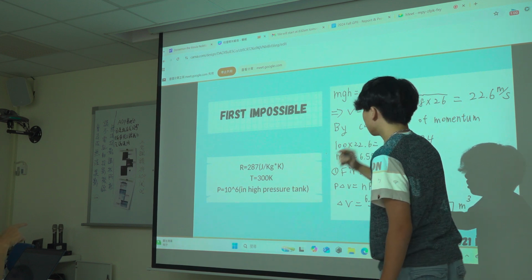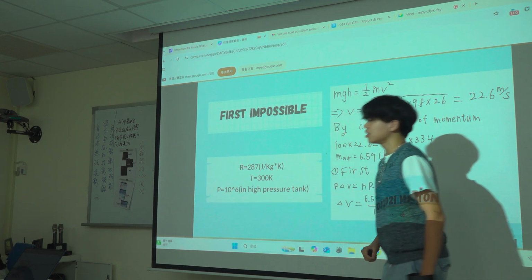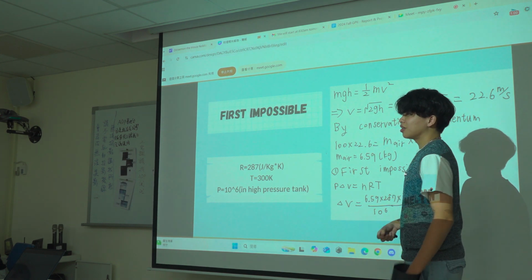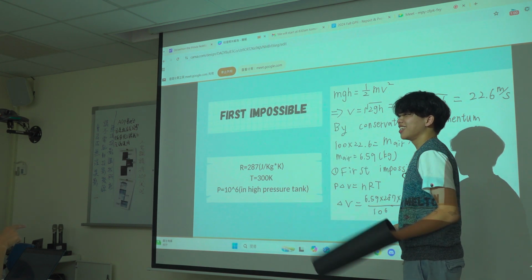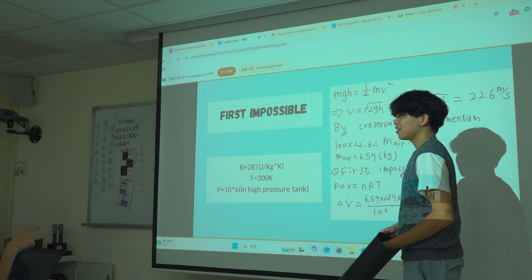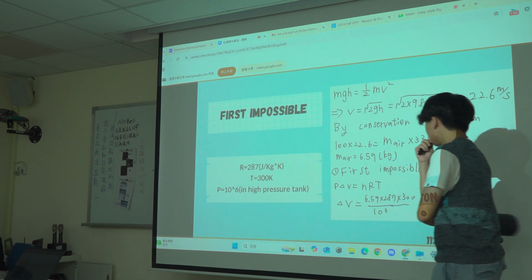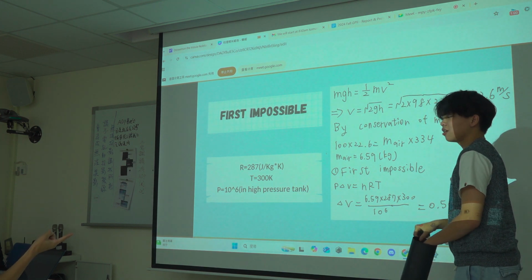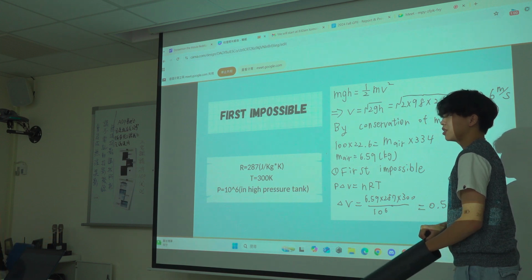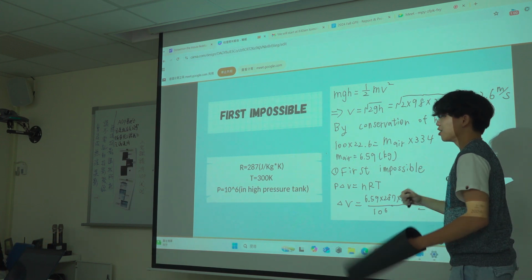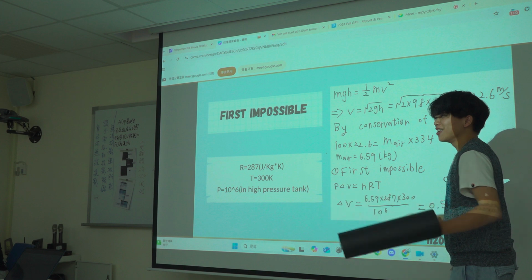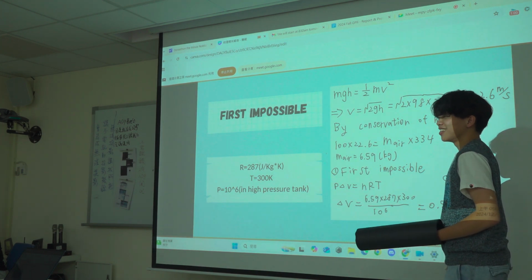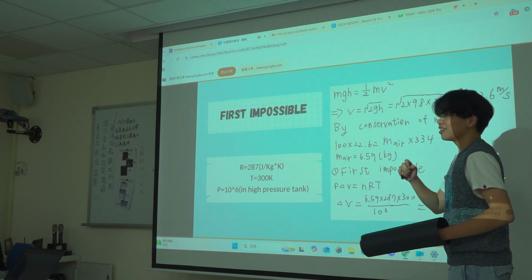So the pressure is a high pressure tank. So I assume that it's a high pressure tank. Then you can make it higher pressure, no? Okay, make it high pressure, then the volume will be small. But maybe Doraemon can make a very strong pressure in this cannon. Yeah, but it's not very realistic.